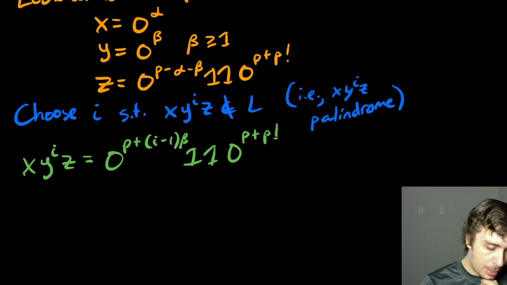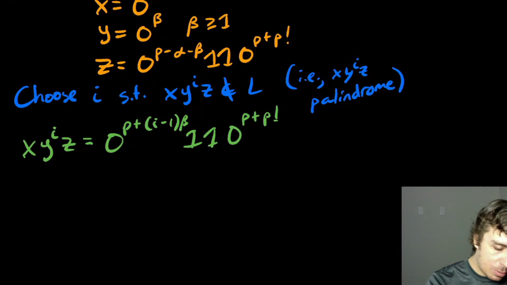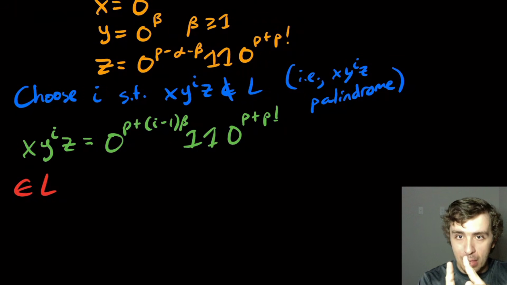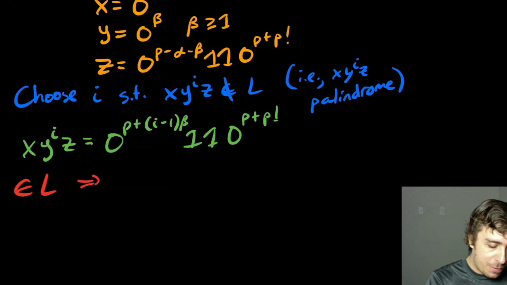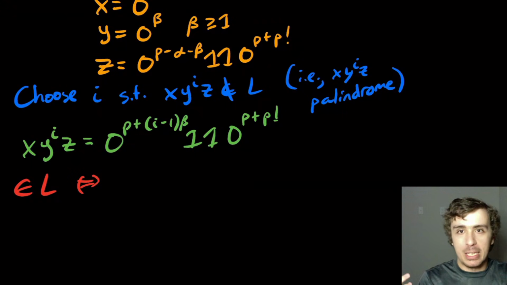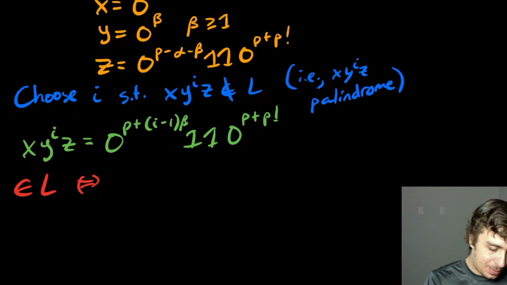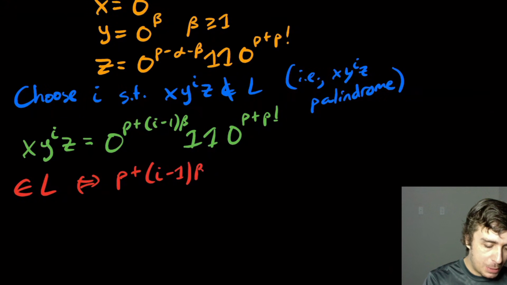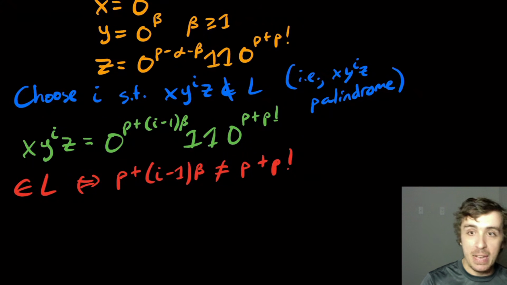But okay, so what does it mean to be in the language? It's in the language, meaning it's not a palindrome, if and only if the two runs of zeros are different, because the 1s aren't really contributing anything to whether this thing is a palindrome or not. So if and only if P plus I minus 1 times beta is not equal to P plus P factorial.